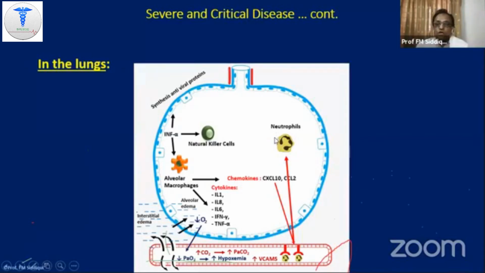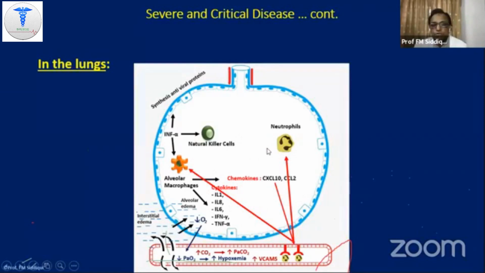This neutrophil not only phagocytoses the virus, it causes release of proteases and other enzymes, which not only cause destruction of the virus, but also destruction of the epithelial cells. Now, this accumulation of neutrophils, this alveolar edema, together with macrophages, natural killer cells, and debris, gives rise to a picture of consolidation.